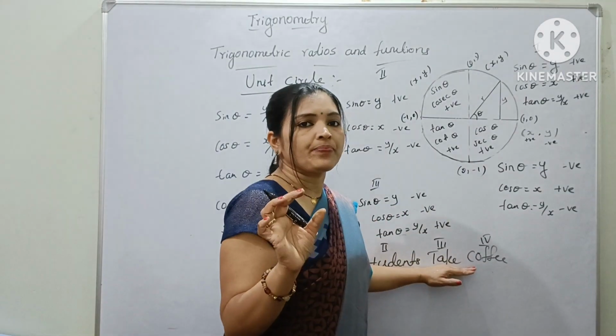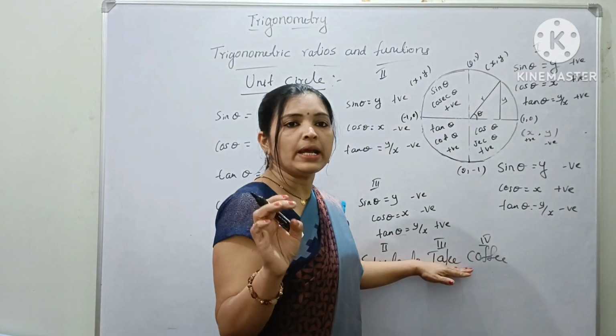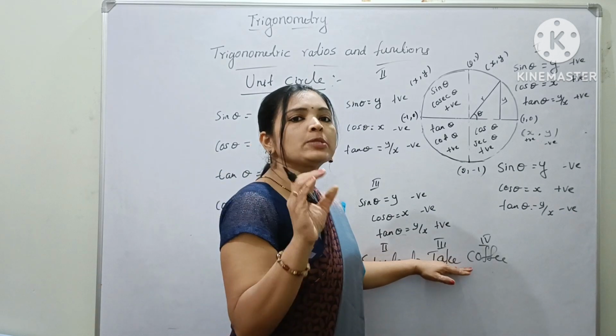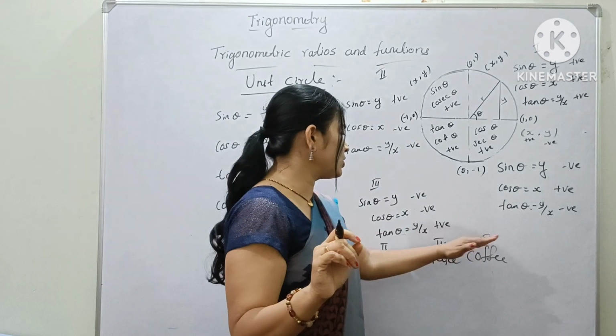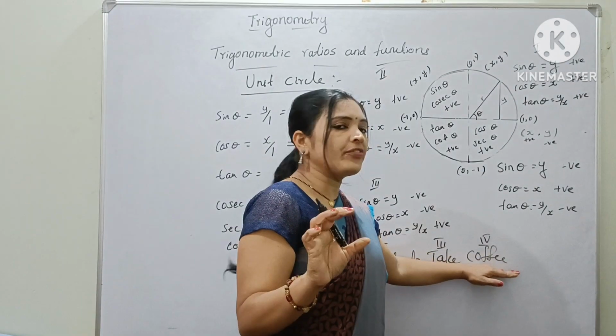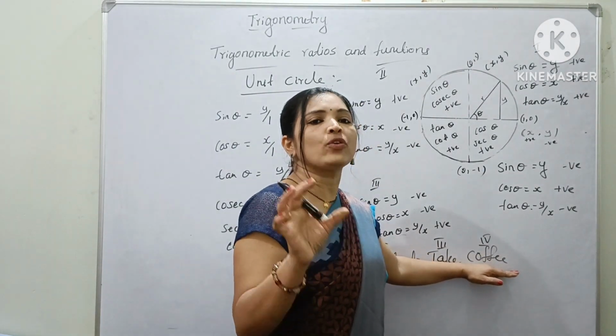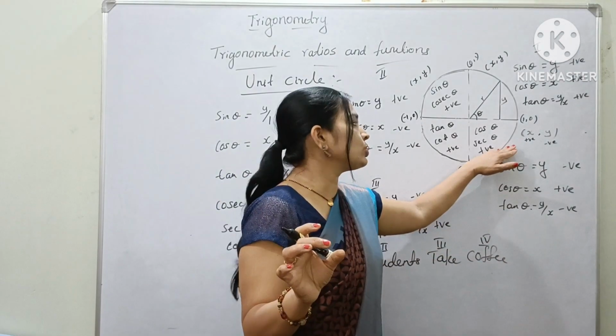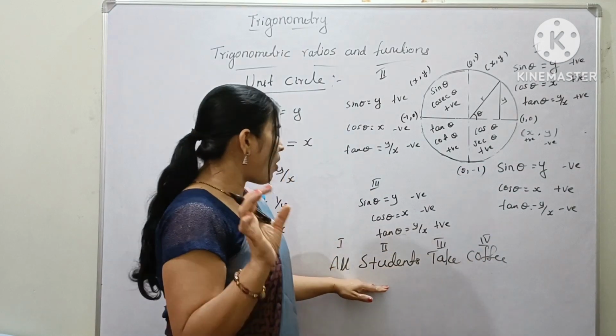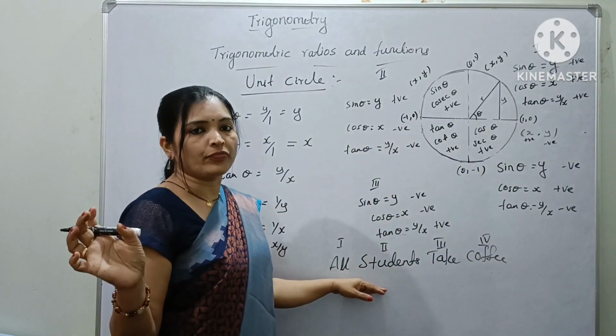Third one, take. The first letter is T, for tan. So tan and cot are positive in the third quadrant. Fourth, coffee. The first letter is C, for cos. So cos and sec are positive in the fourth quadrant. Remember, all students take coffee.